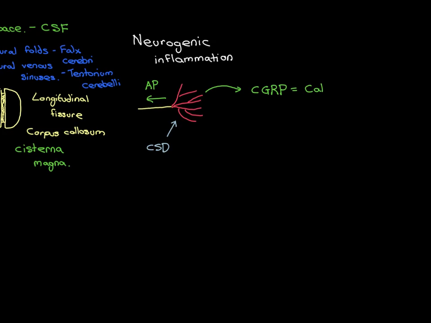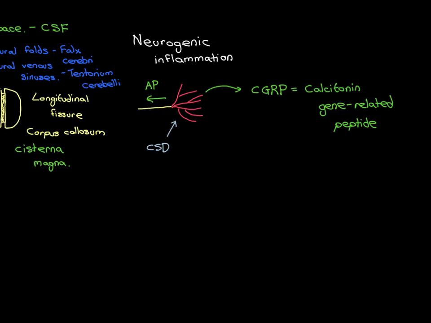So let me write this thing's name out in full. So the C is for calcitonin, and then the GR is for gene-related, and then the P is for peptide. So this is calcitonin gene-related peptide, CGRP, one of the mediators of neurogenic inflammation, and it's a protein, as indeed this name suggests.